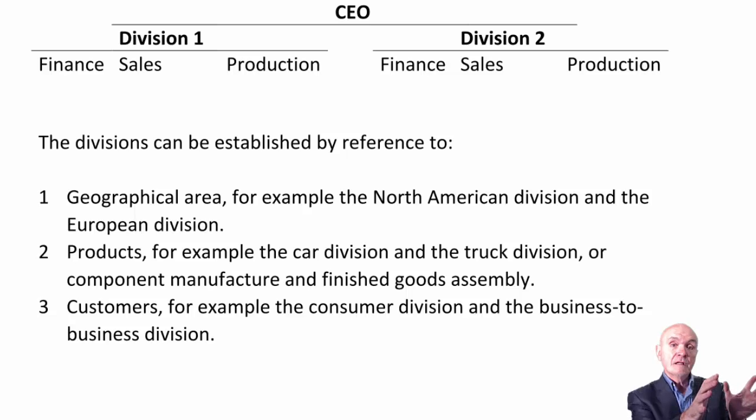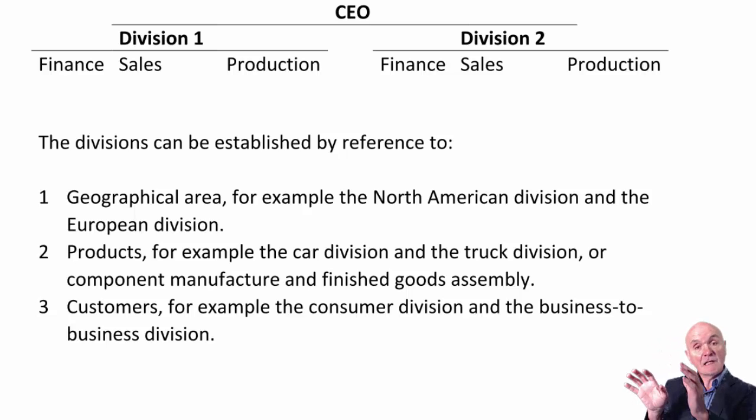Or one division sells to other businesses, your B2B, business to business, because you tend to be selling in bulk to these people, and maybe with slightly different products or specifications. But if you're selling to the public, the marketing is quite different, the outlets are quite different, and maybe the products are slightly different as well. But again, specialization is the key.